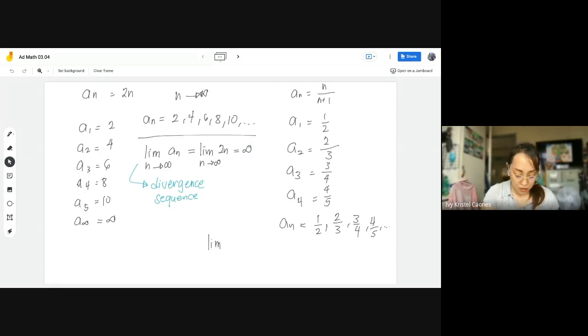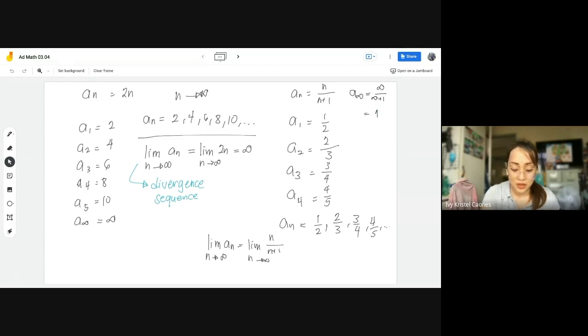And the limit of a sub n as n approaches infinity, the limit of n over n plus 1 as n approaches infinity: if we put infinity here, it will be infinity over infinity plus 1. Infinity plus 1 is infinity. So, infinity over infinity: any number divided by itself will be what? 1.